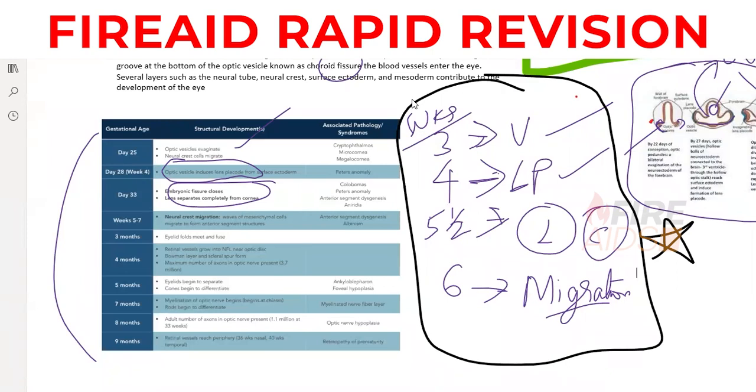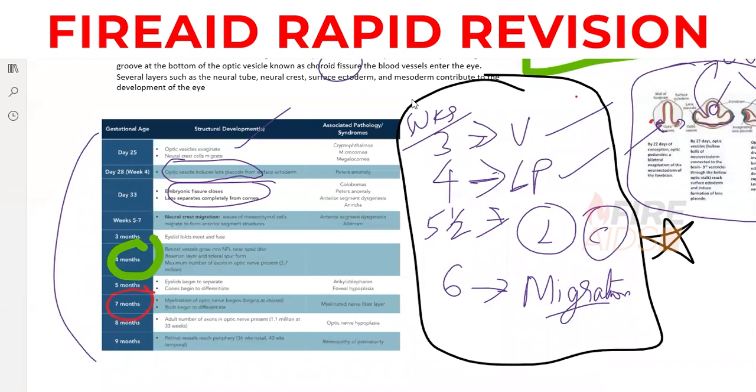Okay. So the first point I'm going to say is the 4th month. In the 4th month, the maximum number of axons are seen in the optic nerve, which is 3.7 million. Then the next is the 7th month.